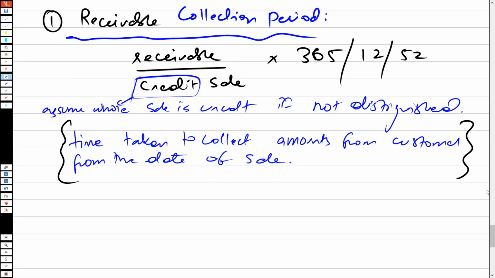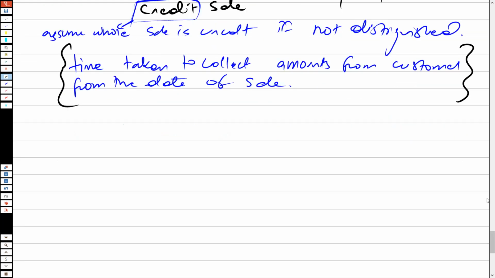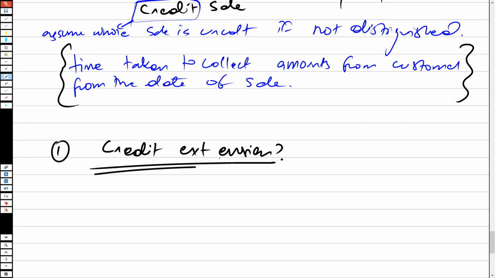Now, from the perspective of the examination, there are different types of scenarios that are usually examined. One of them is, in order to manage the customers, at times there is credit extension. What do you mean by credit extension?